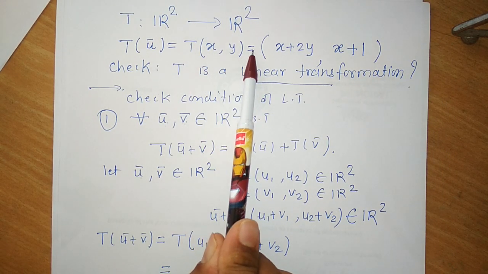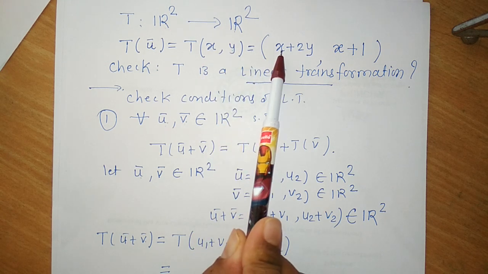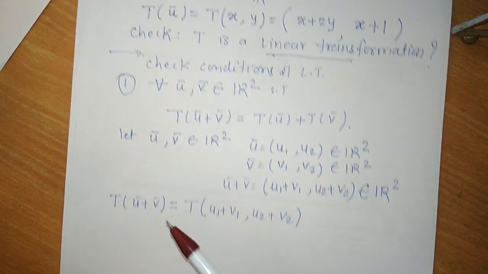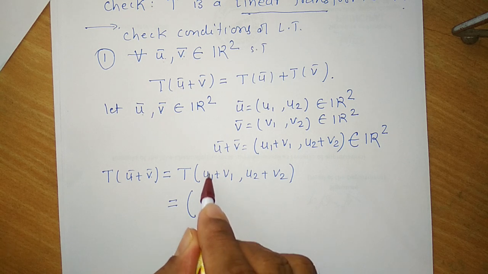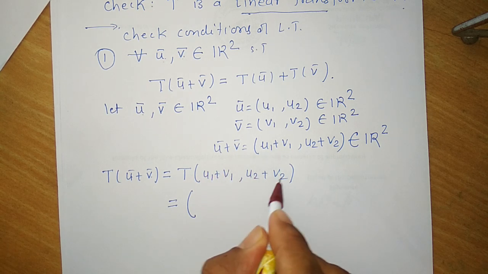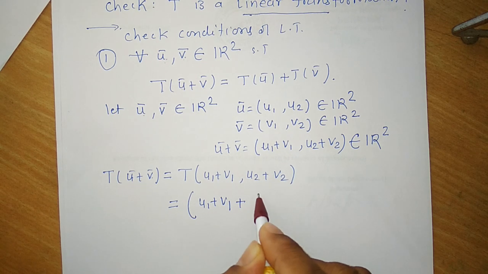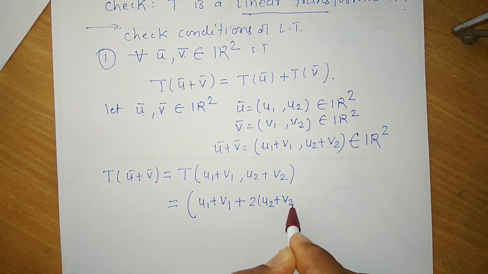T of xy is equal to, the first component is x plus 2y, so the image of this vector has first component u1 plus v1 plus 2 times u2 plus v2.